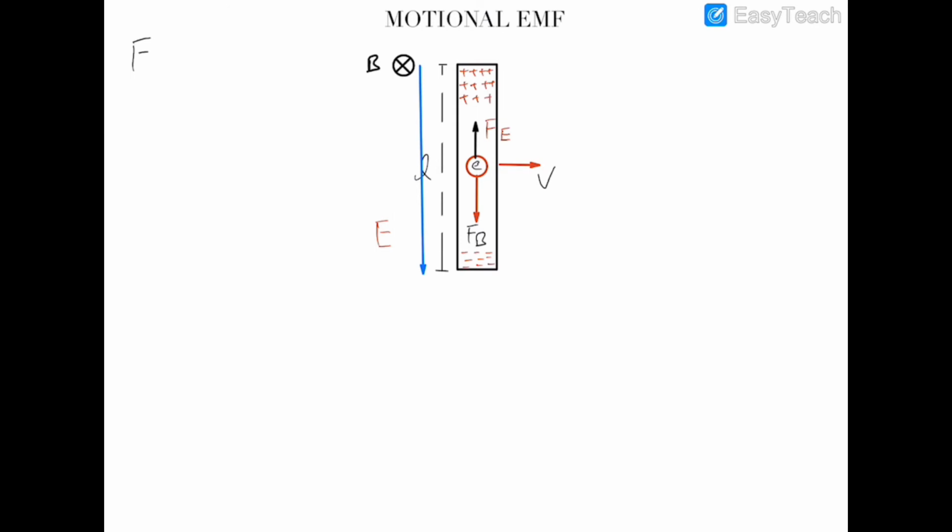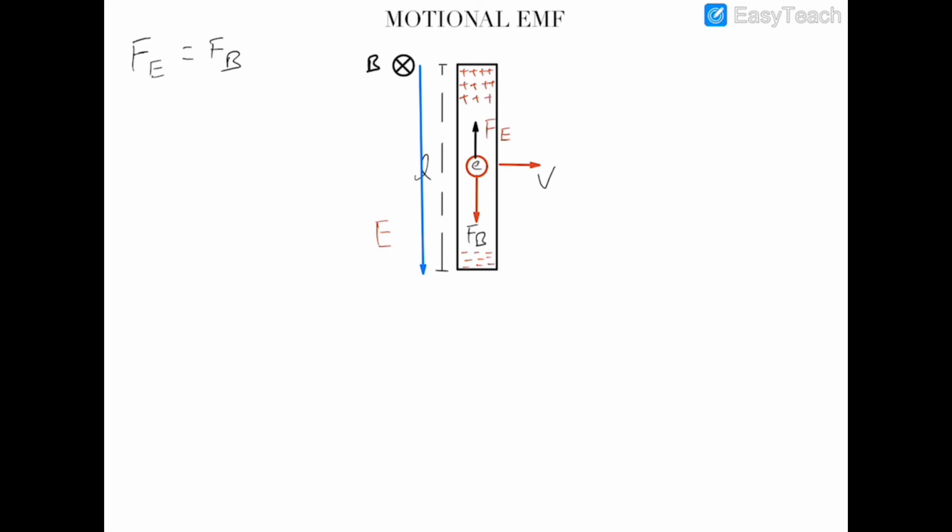and when the equilibrium is established, then Fe will be equal to Fb, and the net Lorentz force would be 0, and after that no further accumulation of electrons in the downward region will occur, and the EMF is induced in the rod. Why am I saying that EMF will be induced?